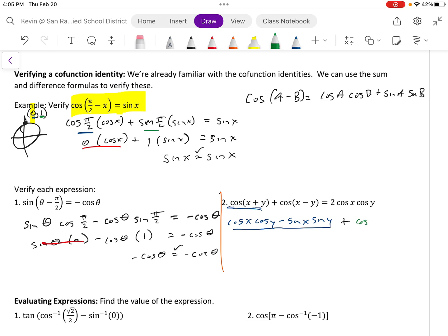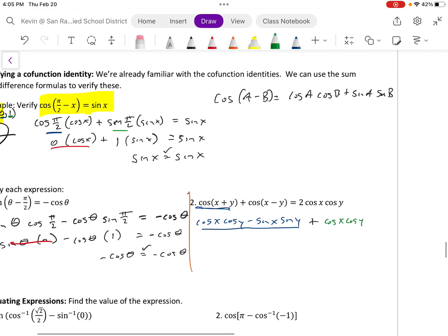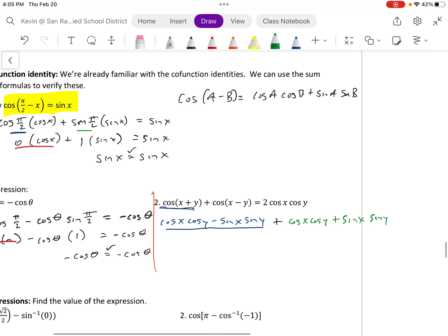Plus cosine of x cosine of y plus sine x sine y, and all of that should equal 2 cosine x cosine y. Okay, this is what we're trying to prove.